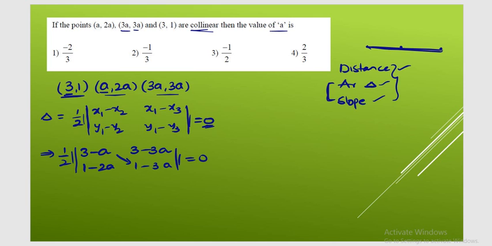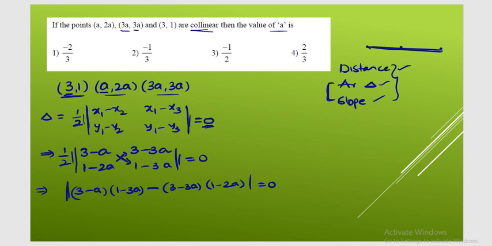Now how do we find the determinant value? Directly cross multiply the first element with the fourth element, and the second element with the third element. Now what am I going to get? The modulus of 3 minus a into 1 minus 3a, minus of 3 minus 3a into 1 minus 2a, is equal to 0.